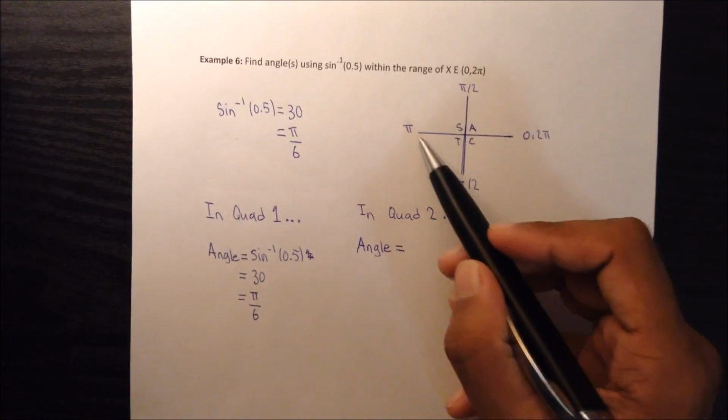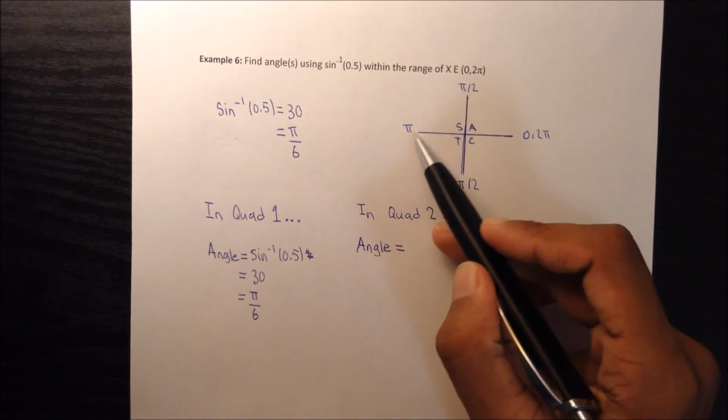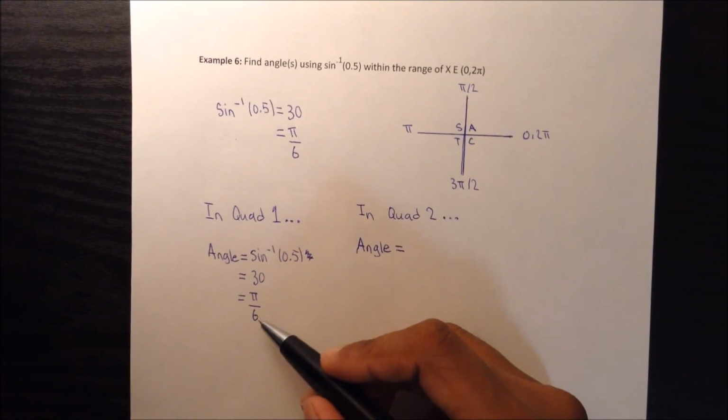So we know that up from here to here is pi, and we know that the value in quad 1 is pi over 6.